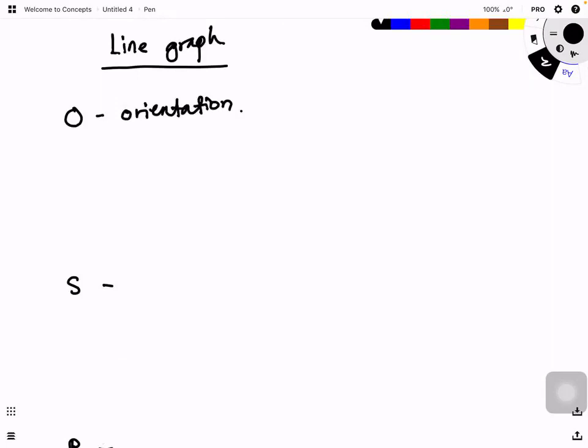So always remember, the x-axis we label for the independent variable, something that you fix. For example, I want to know the effect of temperature onto the rate of reaction. So my independent variable will be temperature. Why? Because I set 0 degrees Celsius, 20, 40, 60 degrees Celsius.